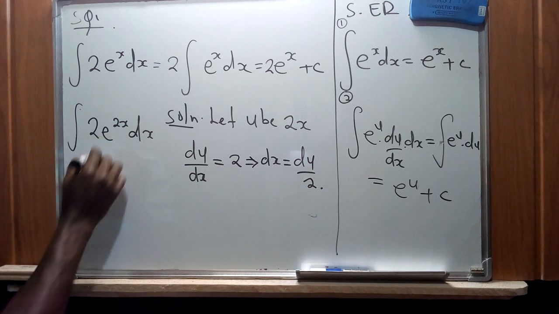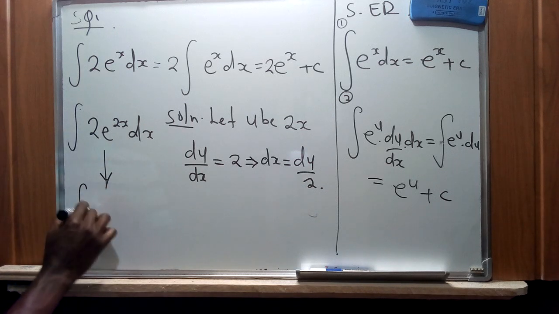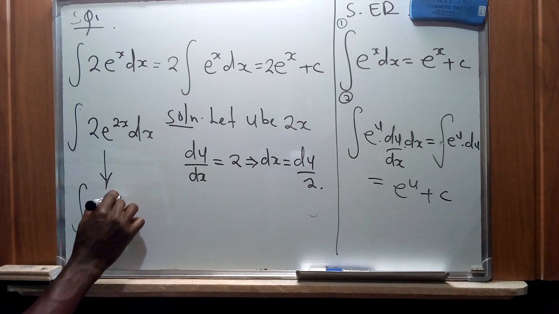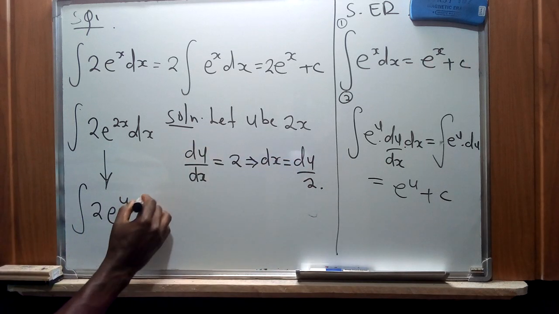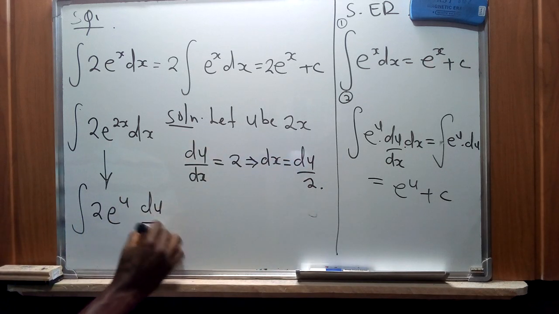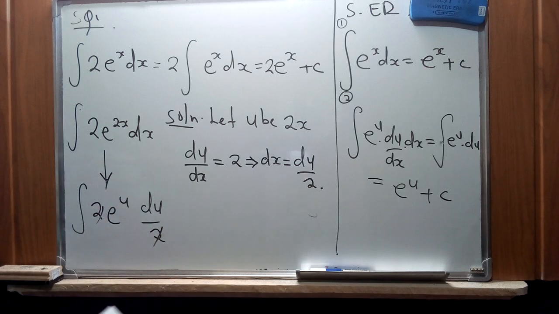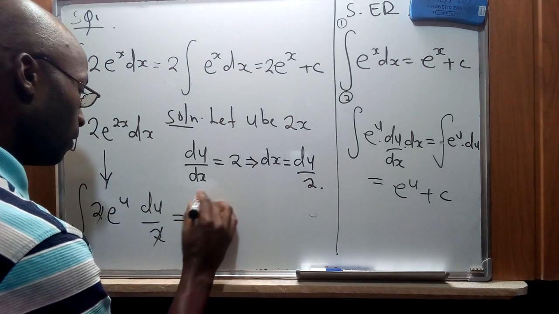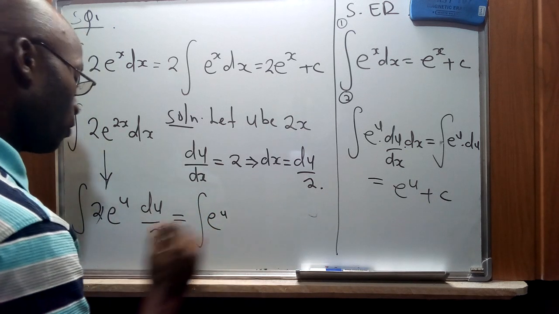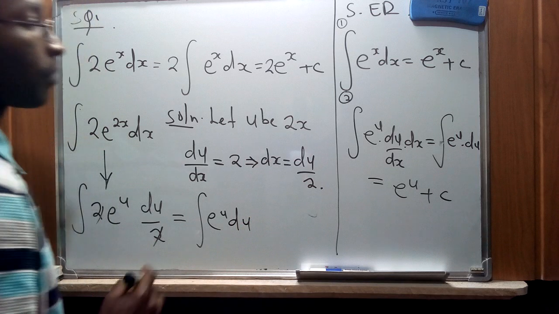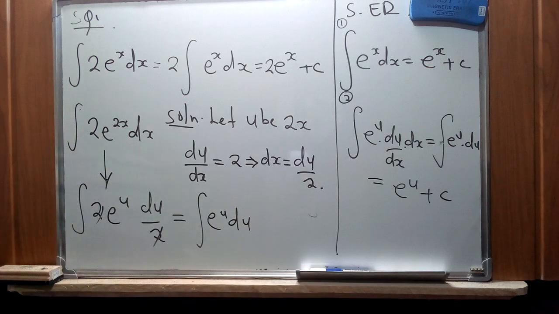So we shall have this integral written as 2e^u, and for the sake of dx, we substitute du over 2. The 2 will cancel with that, and we will have an integral of the form e^u du.